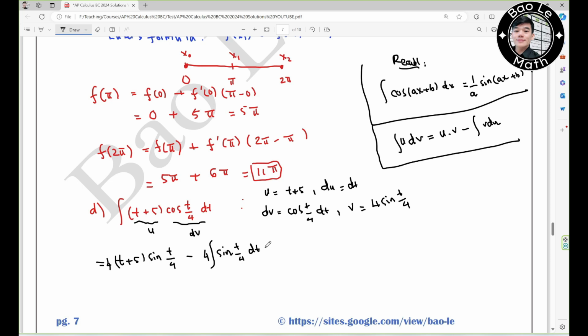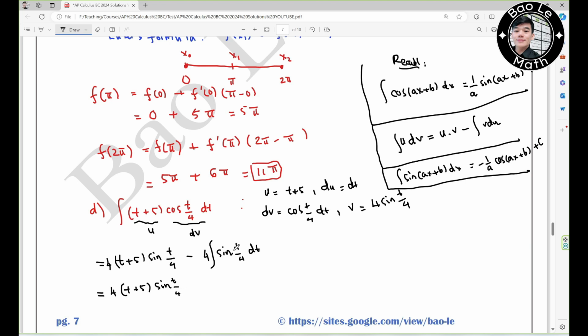So this guy right here, we have the second formula. We want to integrate this one. The integral of sine of as plus b dx is going to be negative 1 over a cosine of as plus b plus the constant C. Alright, so it turns out to be 4 times t plus 5 sine t over 4.